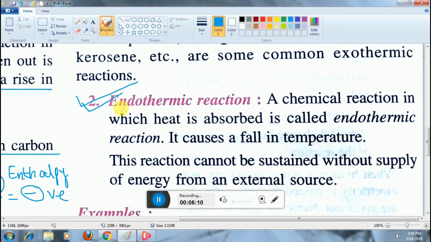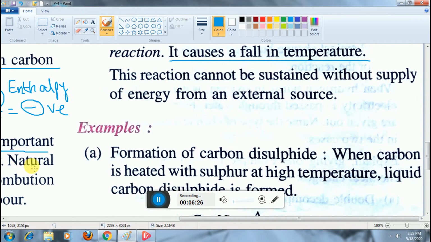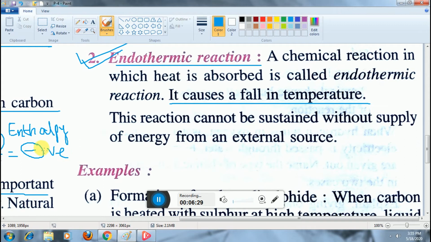Next is the endothermic reaction. A chemical reaction in which heat is absorbed is called an endothermic reaction. It causes a fall in temperature. In this case, the reactant needs external heat energy for the formation of the product.